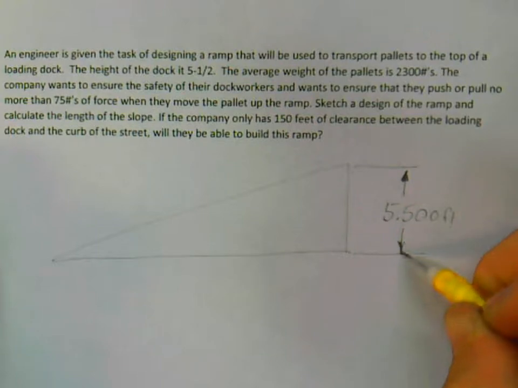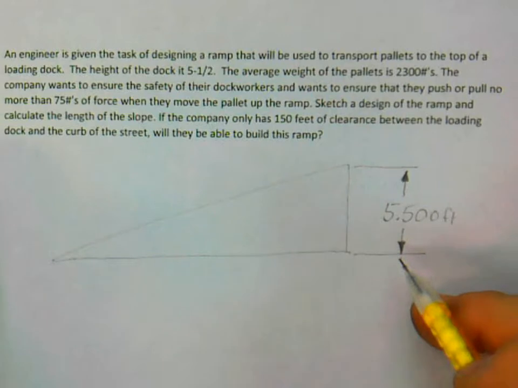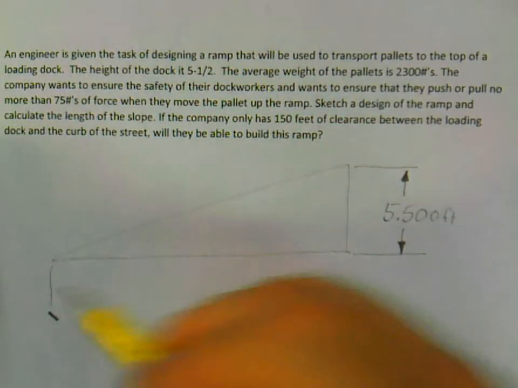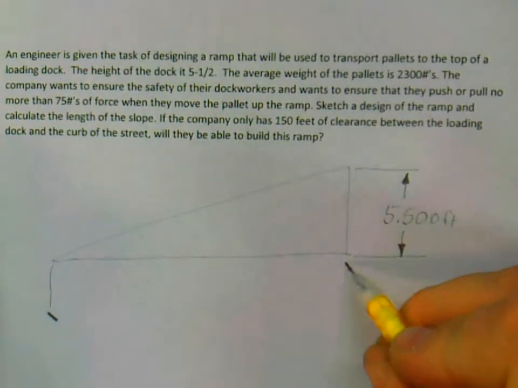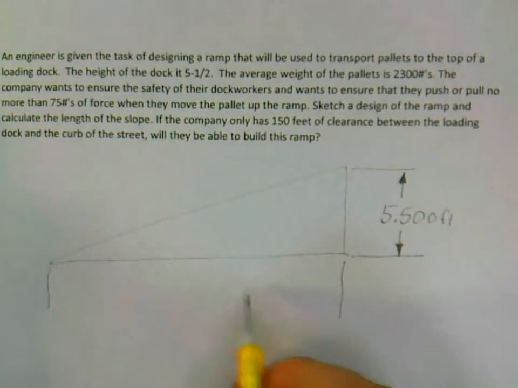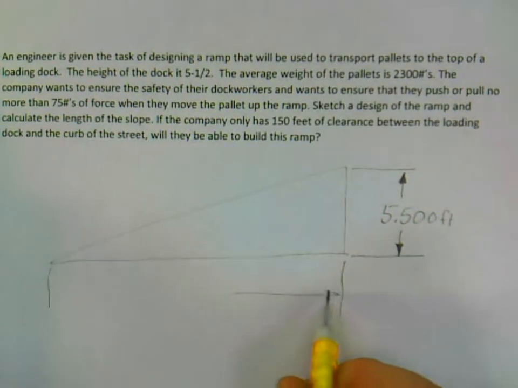So again, as engineers, we want to try to follow some fairly good drawing techniques. I also have this distance here, which is my run. We don't really know what that is just yet, so we'll draw the dimension lines in. We're not quite there with those yet.